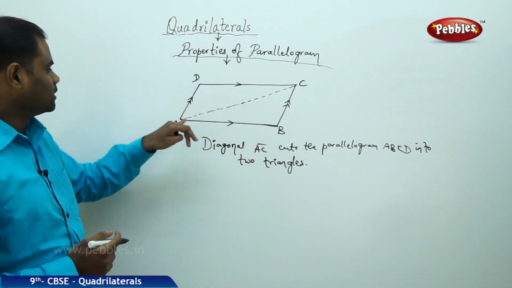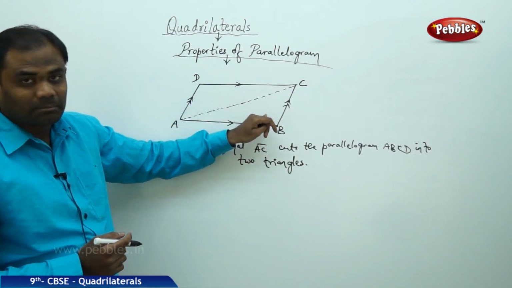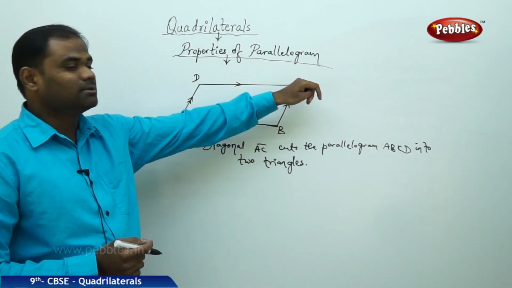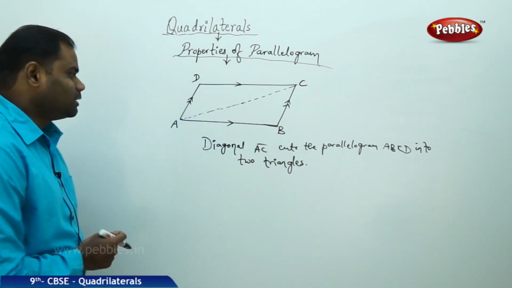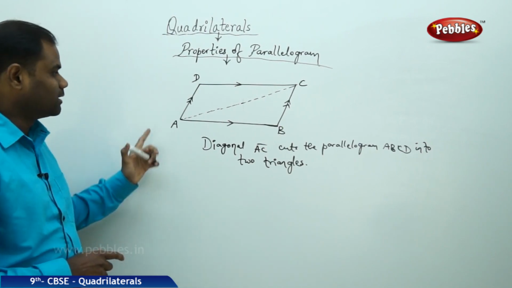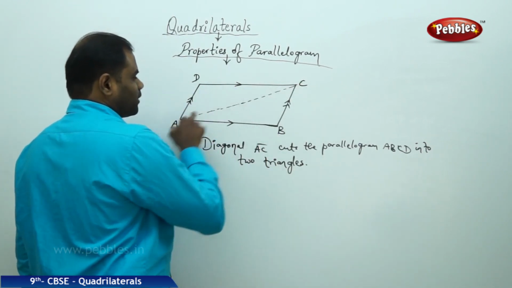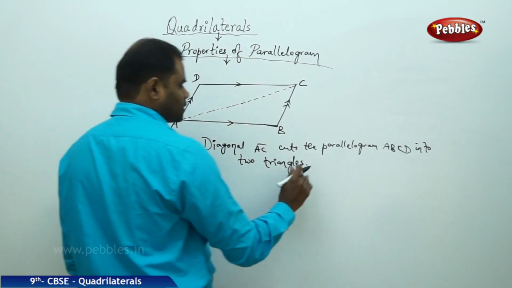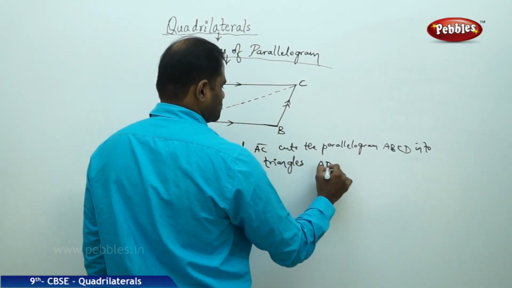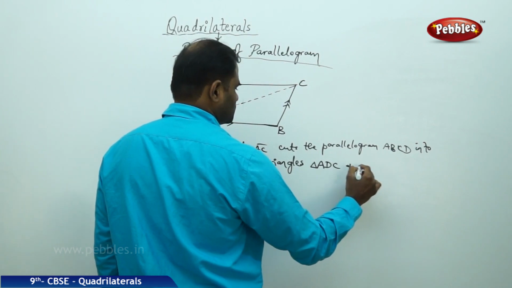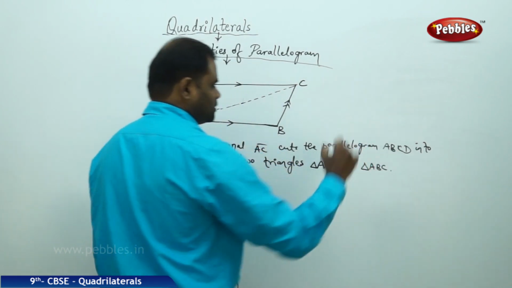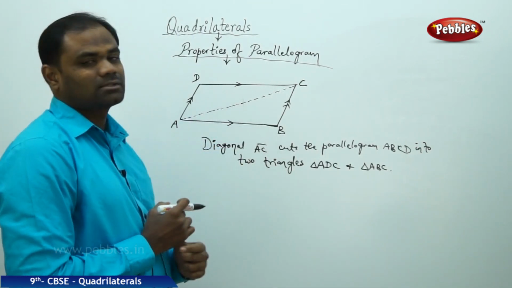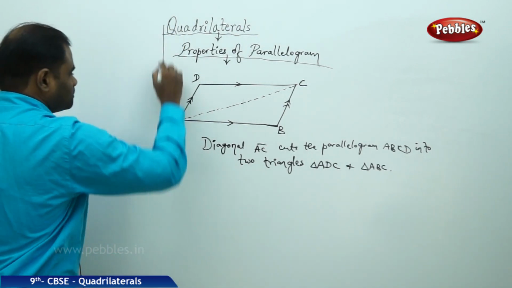The first part is triangle ADC, and the other part of the parallelogram cut by the diagonal is triangle ABC. Therefore, I have two triangles cut by the diagonal AC: ABC is one triangle and ADC is the other. So let's see the properties connecting these two triangles in a parallelogram.